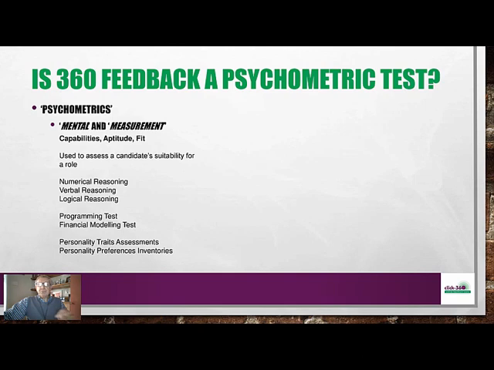But personality preferences inventories simply ask how you prefer to work. What feels most comfortable for you? What requires the least effort? Myers-Briggs, or the MBTI, is one of the most commonly used personality preferences tests. And after progressing through a series of questions where you have to make a choice between two alternatives about how you would feel or act in a given scenario, you'll be assigned to one of 16 personality types based on your responses.